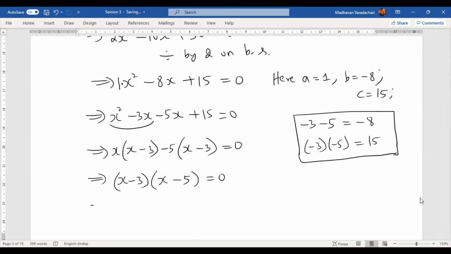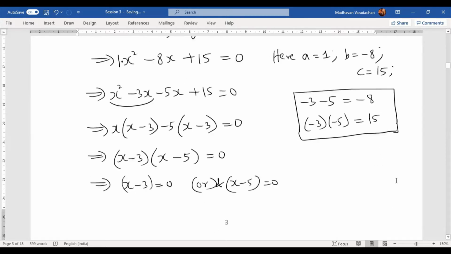So from this, I can clearly say x minus 3 can be 0, or x minus 5 should be equal to 0. Either x minus 3 is 0 or x minus 5 is 0, or both can be 0 also, to get a product as 0. That's why I wrote or.